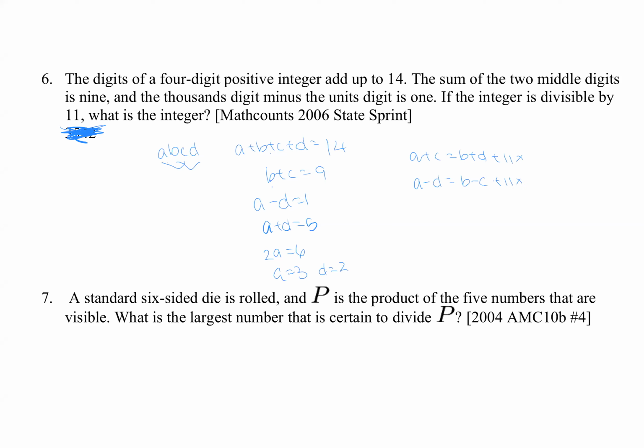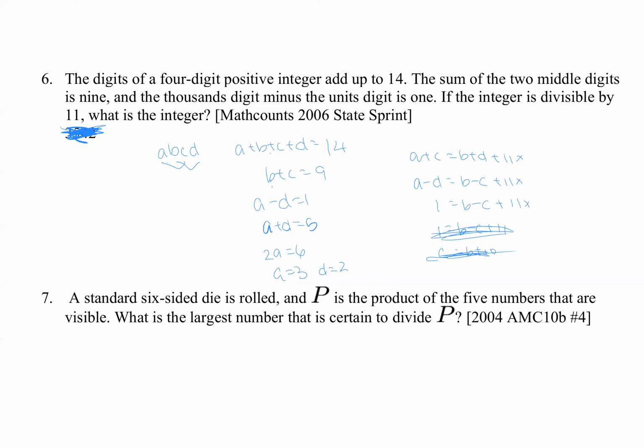So we know that 1 equals B minus C plus 11x. Let's say that if x was 1, then we got that 1 equals B minus C plus 11. So we get that C equals B plus 10. And this is impossible because the digits range from 1 to 9. So x cannot equal 1.